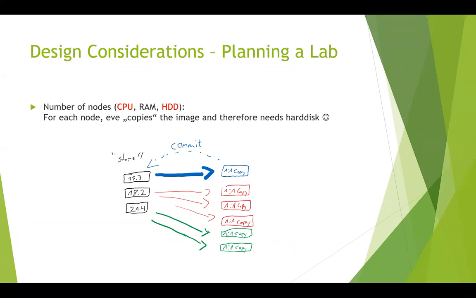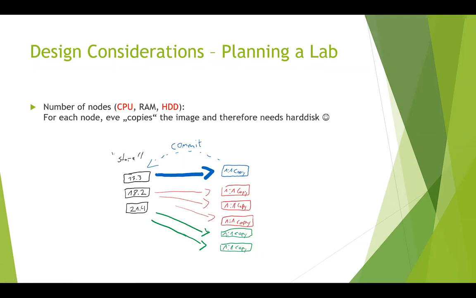What hardware resources do they need? You can usually use the smallest editions if you're just planning and designing something. But again, it depends. If you also want to try some throughput tests, then maybe the smallest box isn't the one that you need, and you need a bigger one. So there are a lot of things to consider when you're doing that.